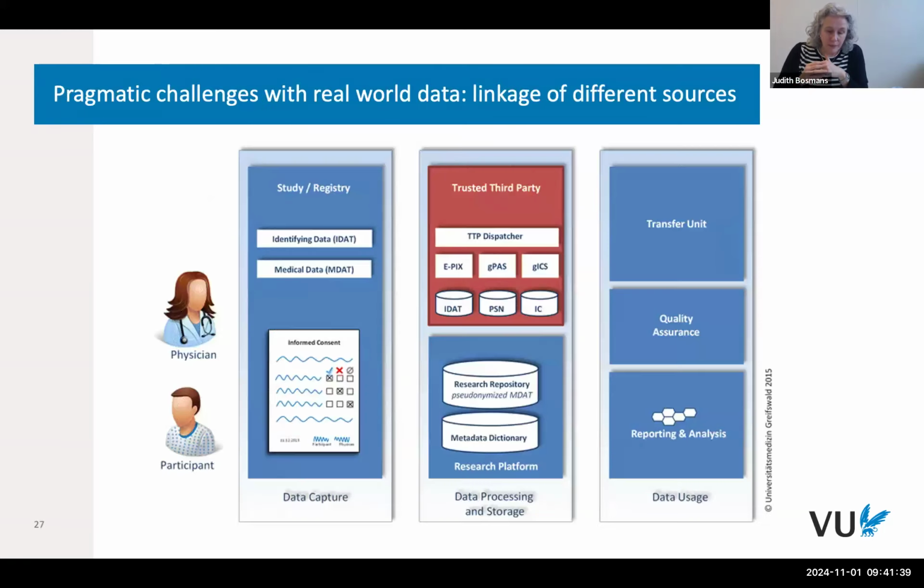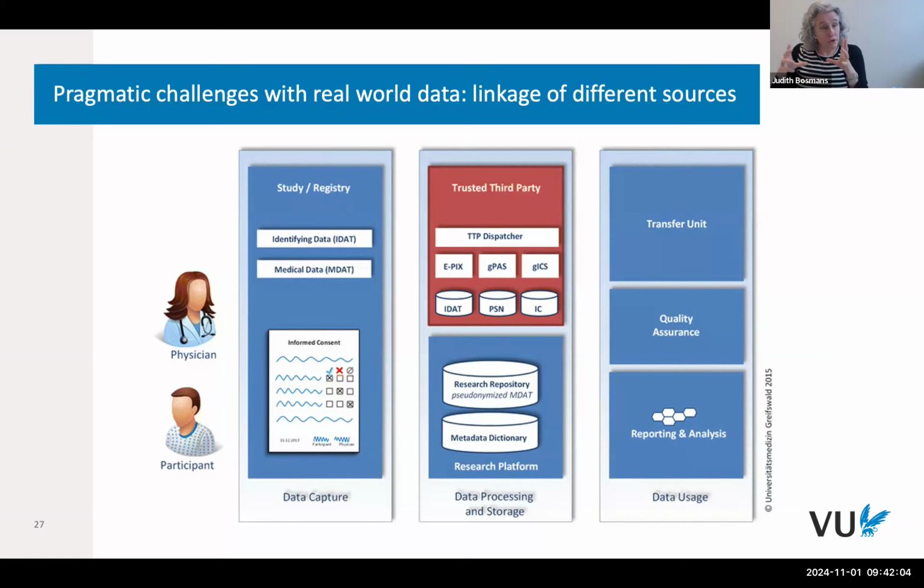And one of the most important ones that we encountered in our research is the linkage of the different data sources. So in the Netherlands, the privacy laws are very strict. So you are not allowed to use the social security number to link data about patients.